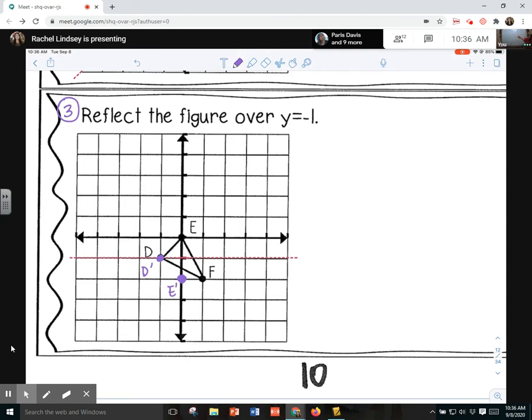So F prime will be right here. And again, if I folded that graph in half, right over that y equals -1, I would have a perfect reflection. They line up perfectly.